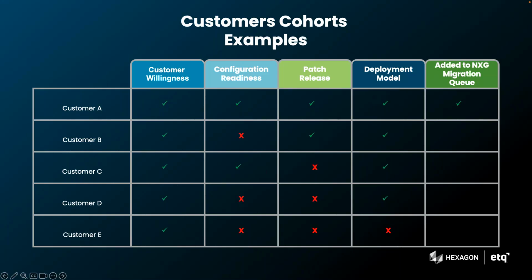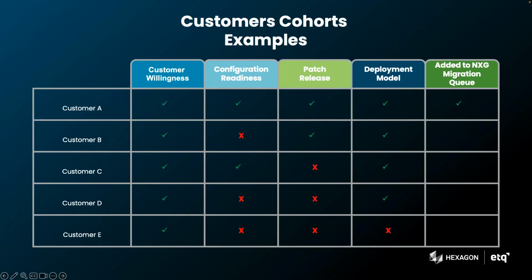So going back to these examples you see on this slide, we do have a lot of customers like the first one, customer A, where they are interested in the migration, they opted in, they are on the CG Summer 23 release today, and on ETQ SaaS deployment. We also ran the pre-check tool on their system and confirmed no configuration update is required.